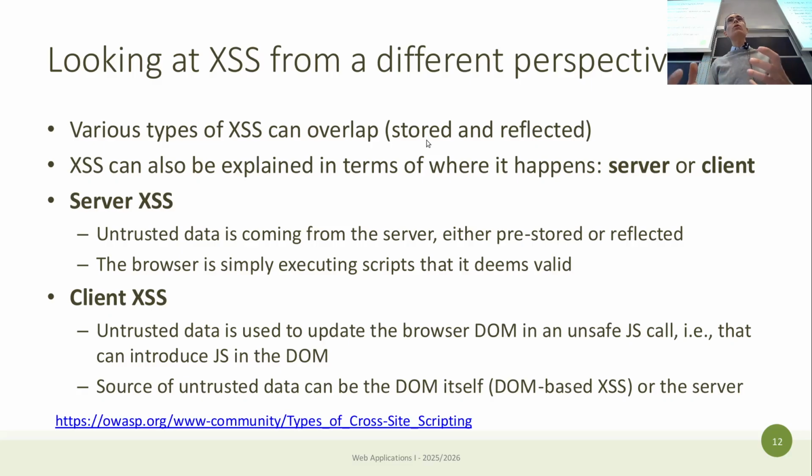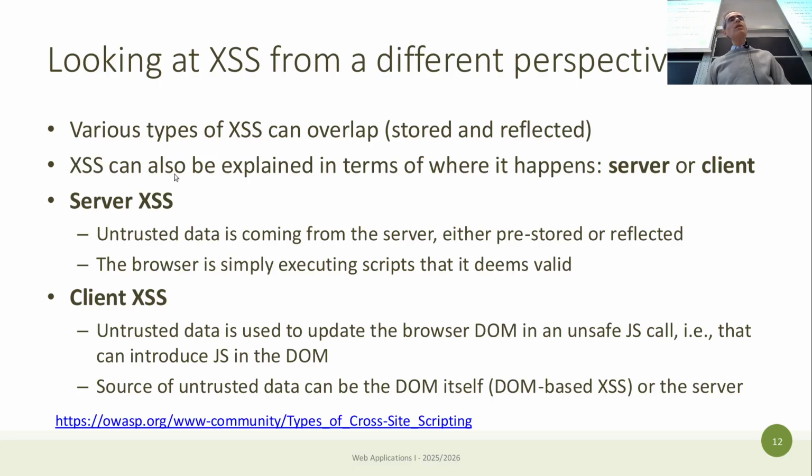That's not that much different. Maybe you store it with the click on the malicious link, and then the next time you don't need to click on the link because in some way you managed to insert it into the database, and so you get the malicious code just from the database, okay?